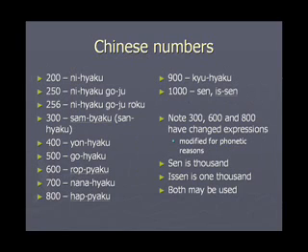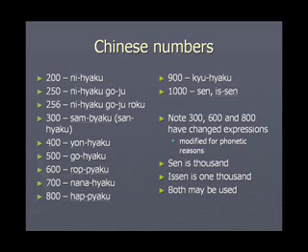In this slide, let us see how the numbers run up to 1000. You have a very predictable line here, but there are three words which seem to be modified. 300 is known as sambyaku. It is not sanhyaku, but sambyaku. 600 is ropyaku.